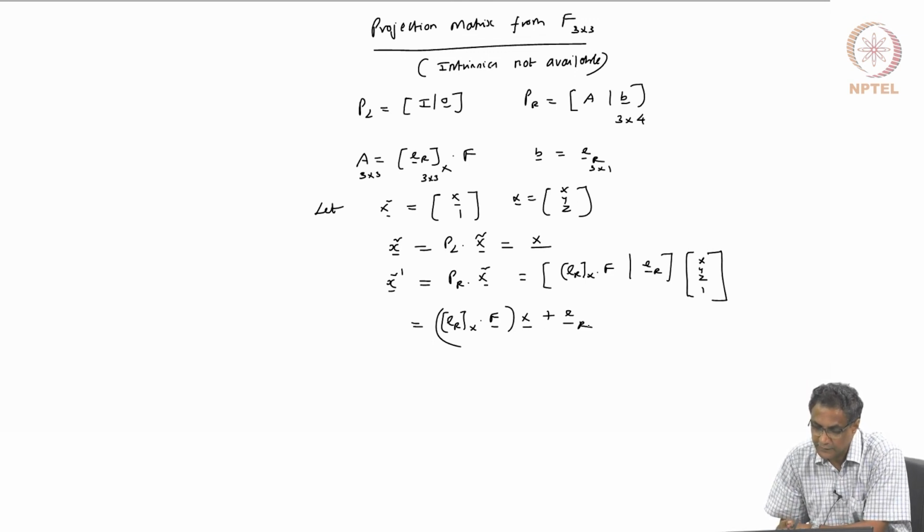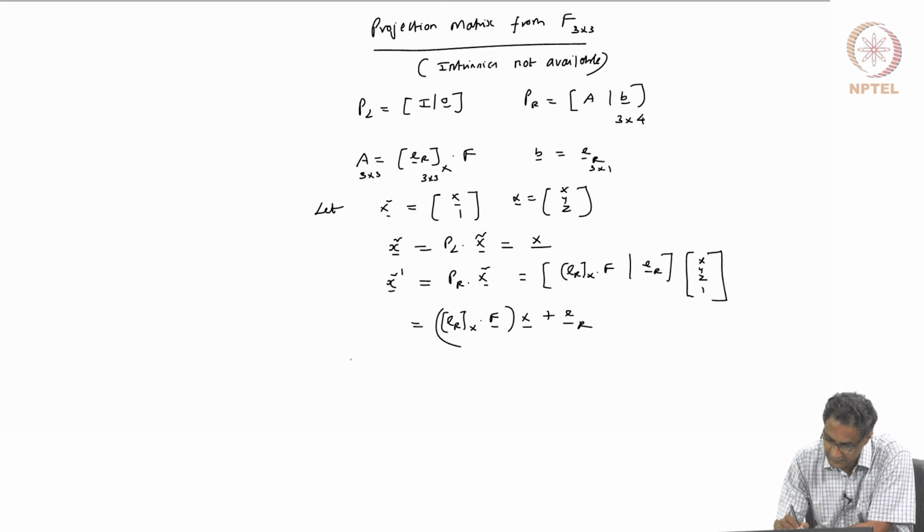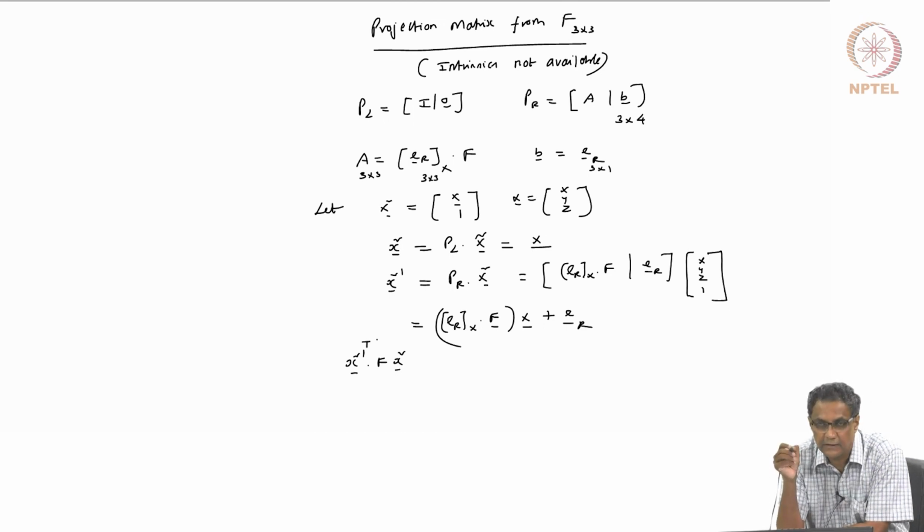Now, if our choice of A and B is valid, then we need to examine what happens to x tilde dash transpose F x tilde. We want to examine what this number is equal to.